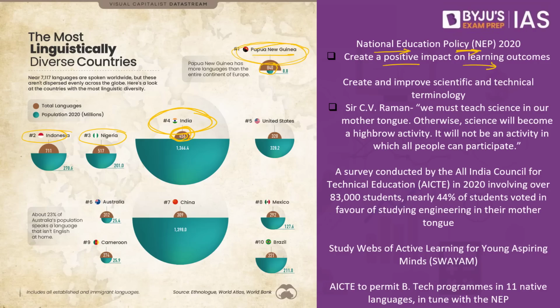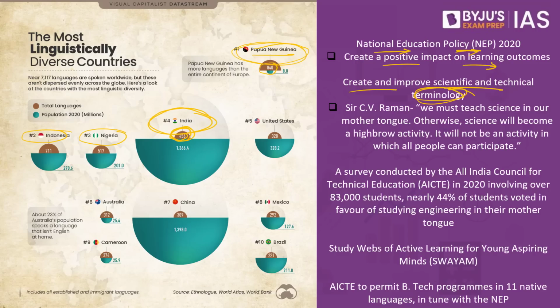Let's say for example we take engineering as a domain, or let's take medicine as one of the domains. There are a large number of words in this particular subject which is usually in English. So what we have to do is create and improve scientific and technical terminology, which means increase the vocabulary, increase the number of words with respect to the technical terms.